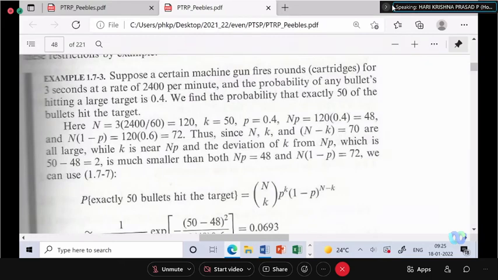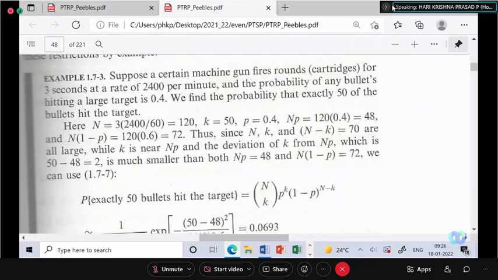When the machine gun has been used for 3 seconds continuously, how many bullets could have gone out? Per second, the number of bullets that go out is 2400 by 60.